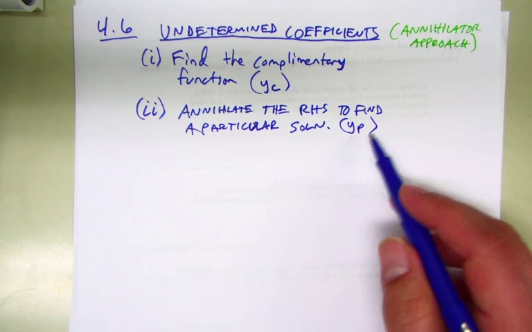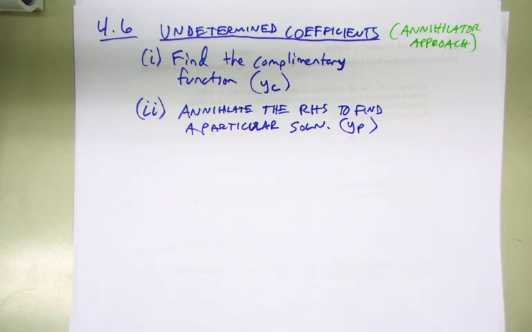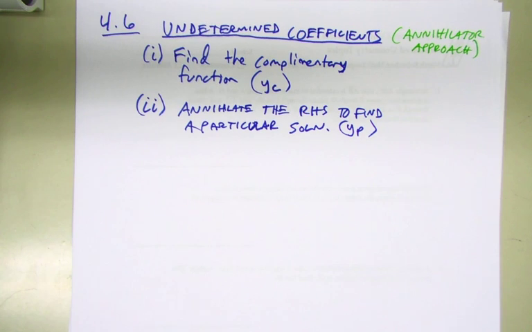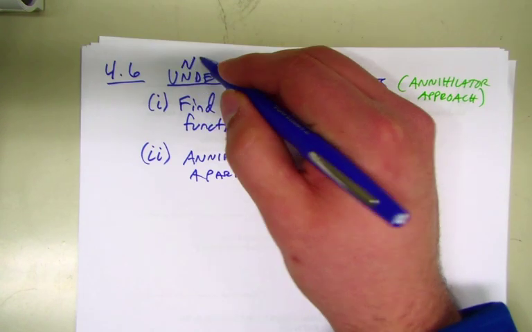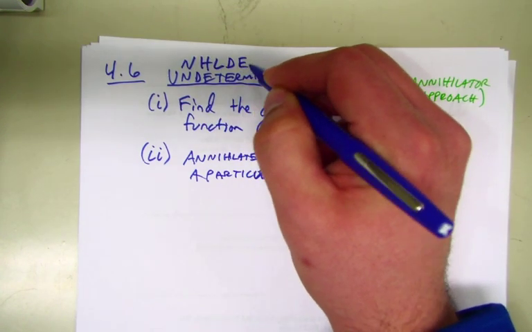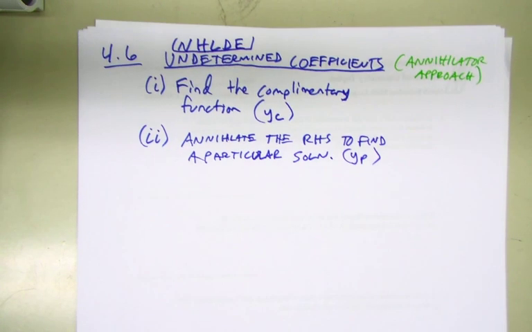And once you have the complementary solution and the particular solution, then you just combine them, and that is the general solution for a non-homogeneous linear differential equation. Okay, so that's what we're focusing on today.